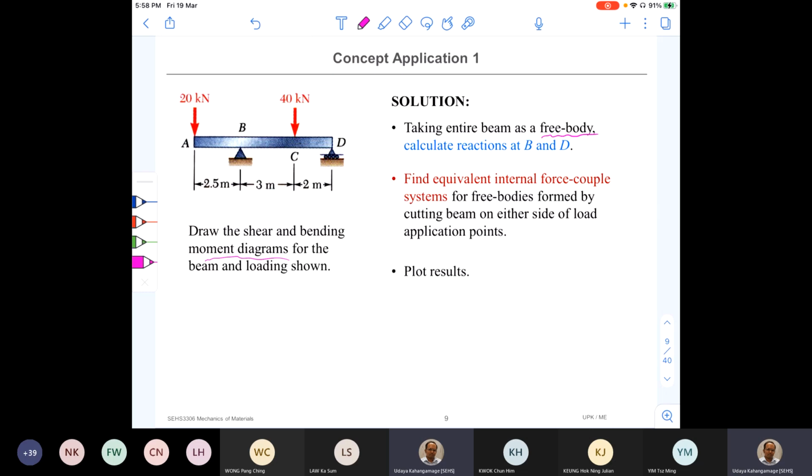So from A to B, shear force and the bending moment are going to vary continuously. I can't say uniformly, continuously. B to C is also the same. C to D is the same.